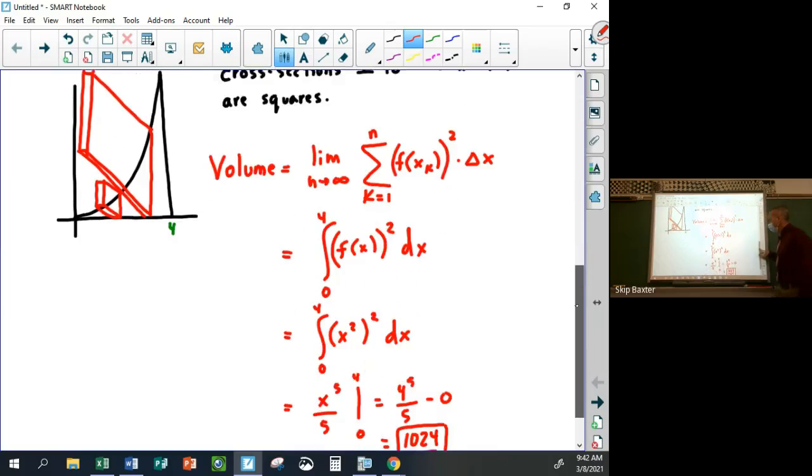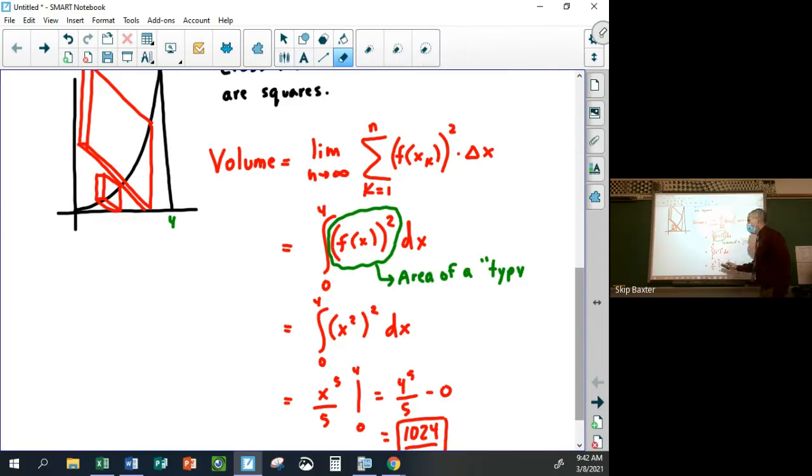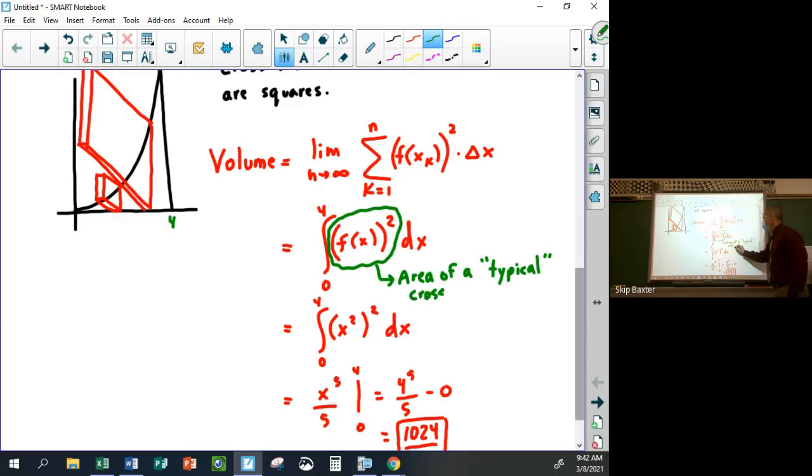Okay? But the bottom line is, basically what goes here as an integrand is the area of a typical cross-section perpendicular to the axis of integration.